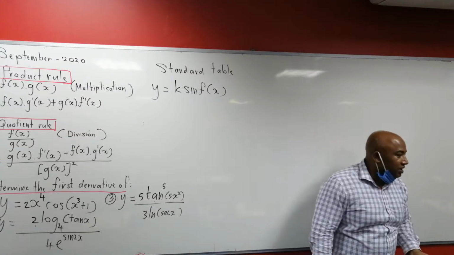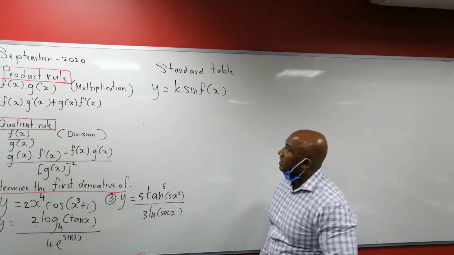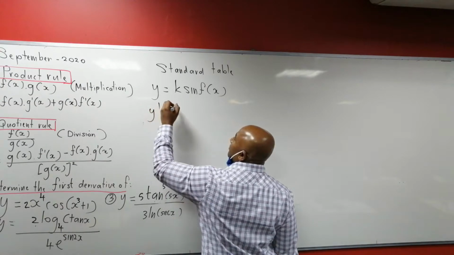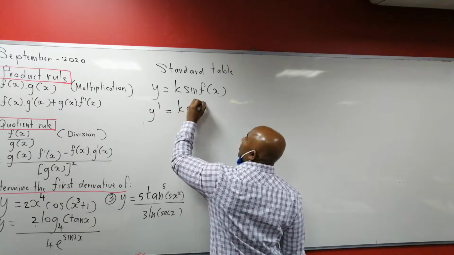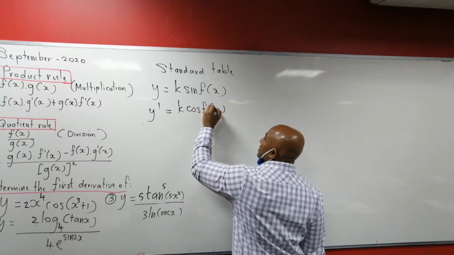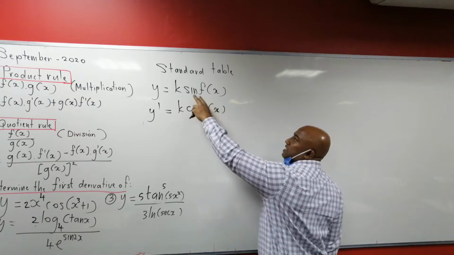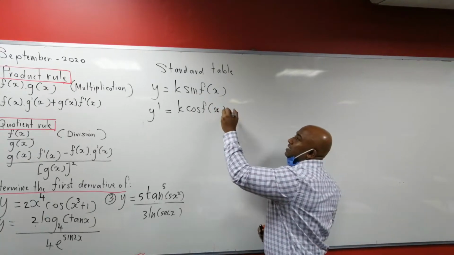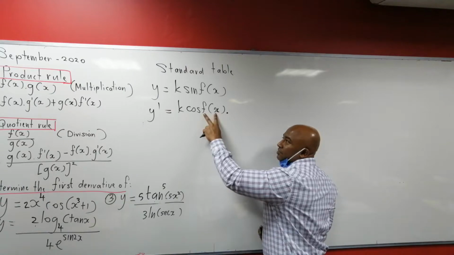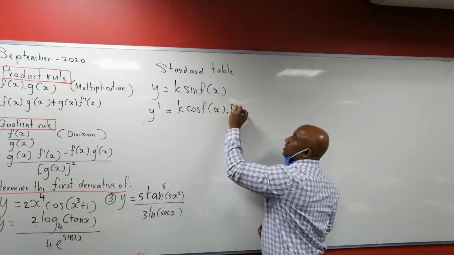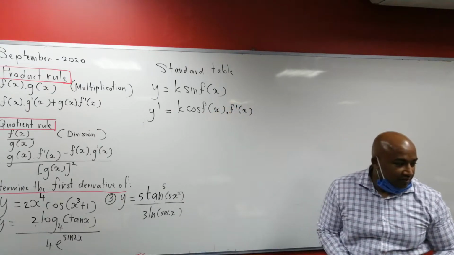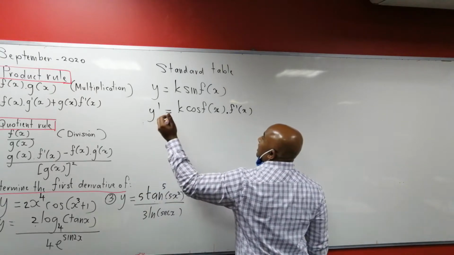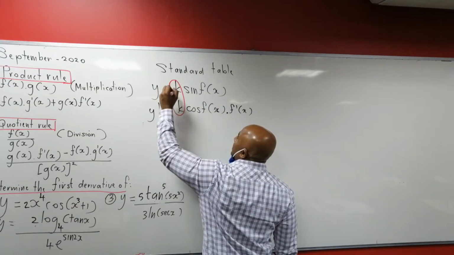So if we go to our table of derivatives, and I want to differentiate this, the derivative will be k cos f of x. So the derivative of sine of your function of x is going to be cos of the function of x multiplied by the derivative of f of x, which becomes f prime x.